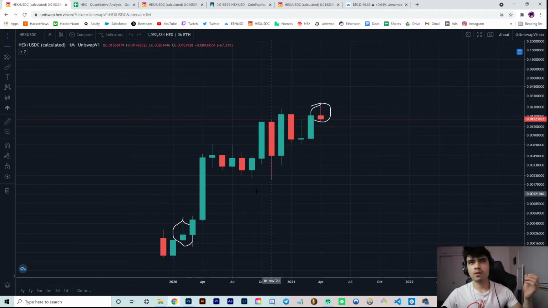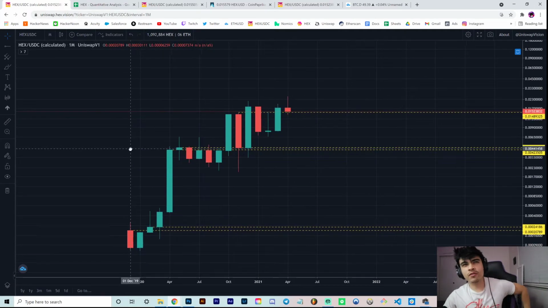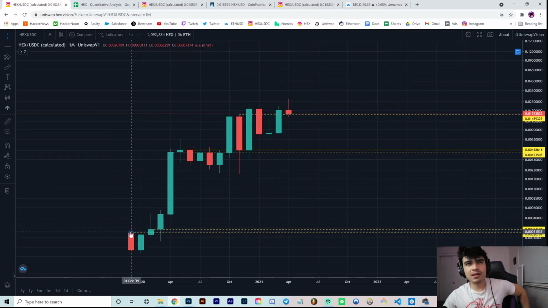Now, that's the whole reason why I had drawn these regions prior, just to go over it if it wasn't clear enough. You have this sort of consolidation, this regime, so to speak. Once candles start breaking prior all-time high bodies, then we're off to the races, similar to over here.